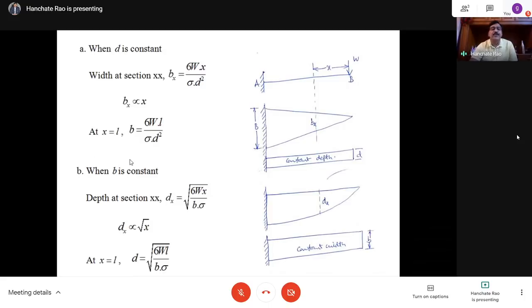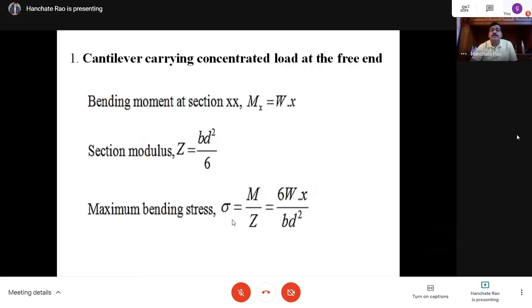Let us see what happens when we keep B constant and vary the depth. From this particular equation, sigma is equal to 6Wx by BD square. What is D now?